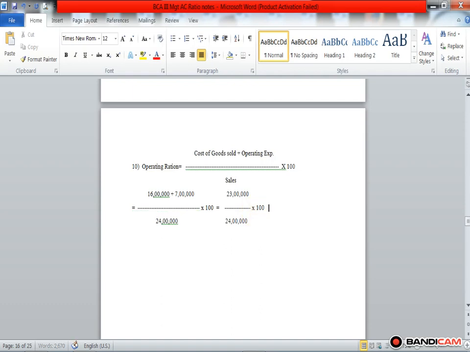We get the percentage of operating ratio, that is 95.80%. Okay, very easy to find out this ratio.